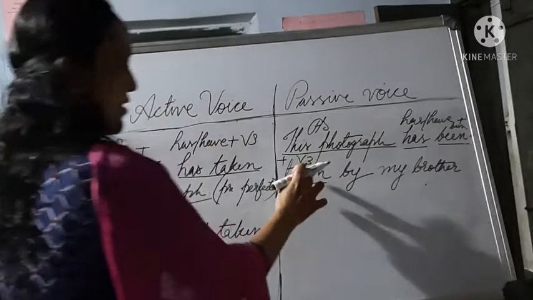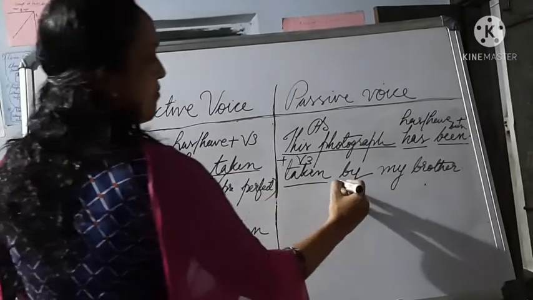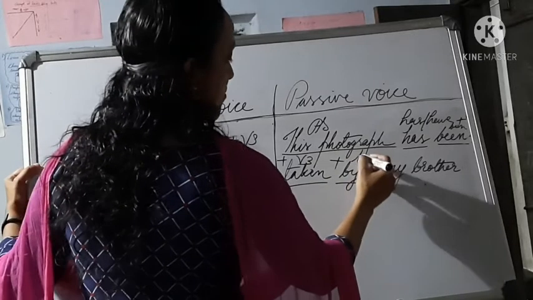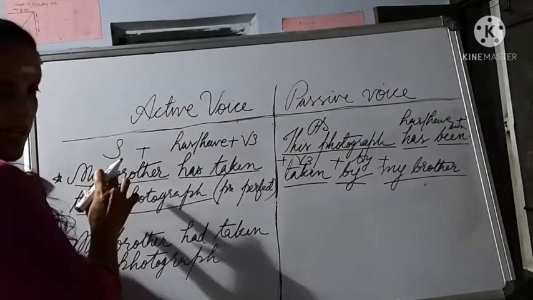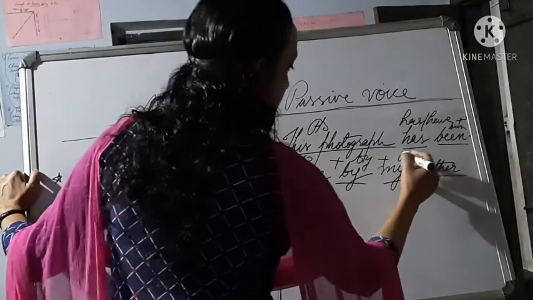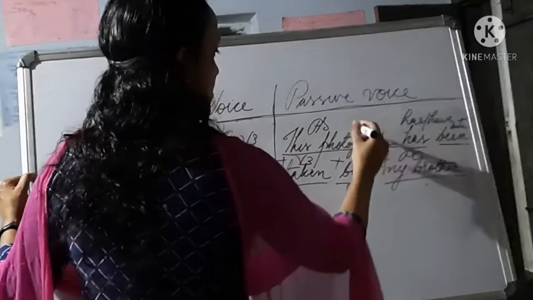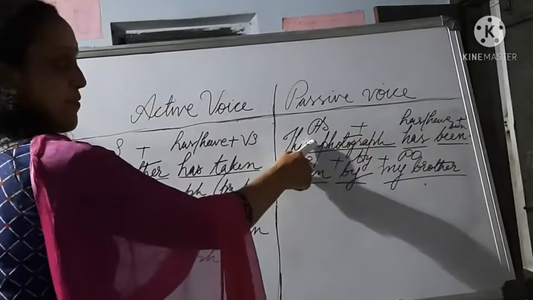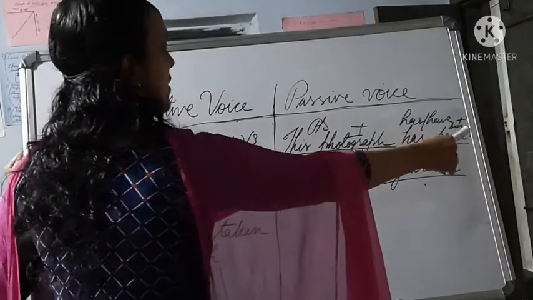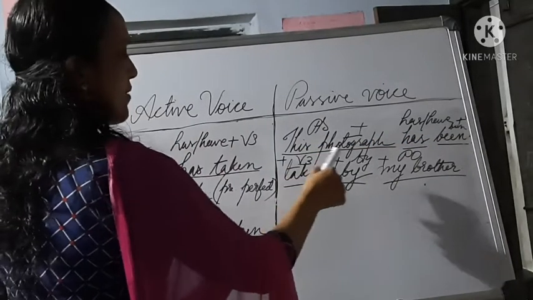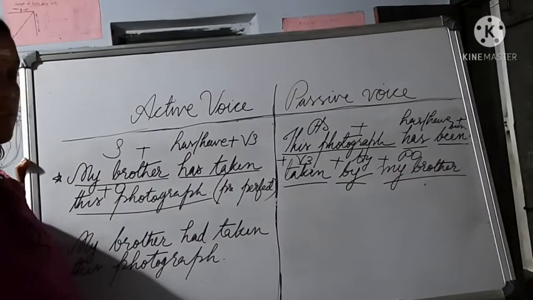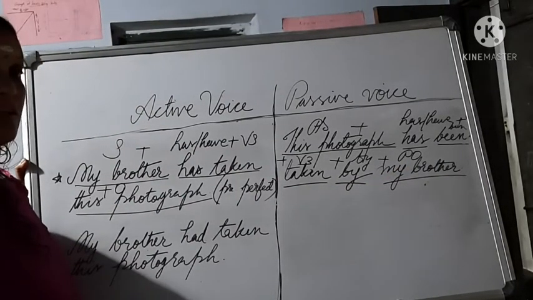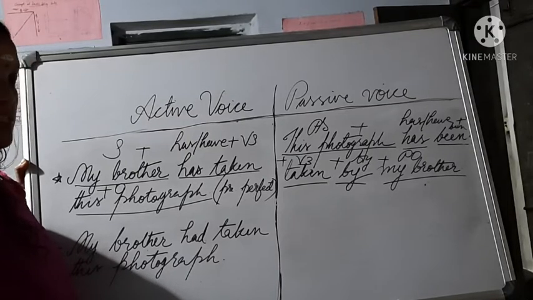In all passive voice, I write the V3 form plus by plus the subject in active voice, and here we call it the passive object. So the rule is passive subject plus has or have plus been plus V3 plus by plus passive object. That is in the case of active voice in present perfect tense.